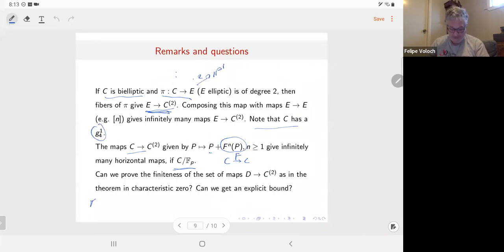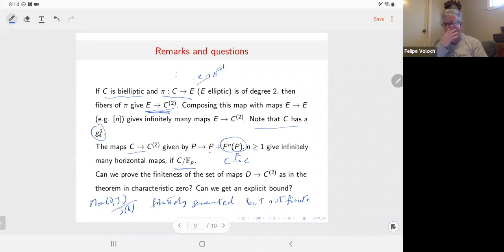What you have is the morphisms from D to J, and you can mod out by the constant maps, right? That would be the things with derivative 0, the constant maps. But this is a finitely generated group, but not finite in general.